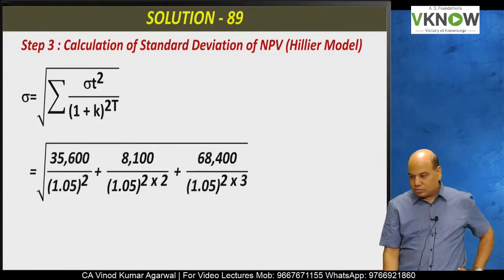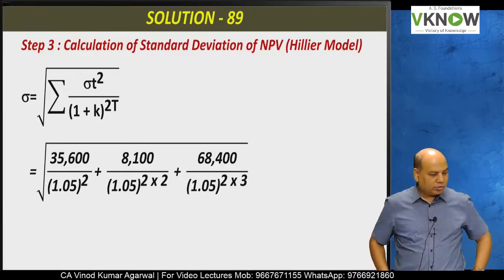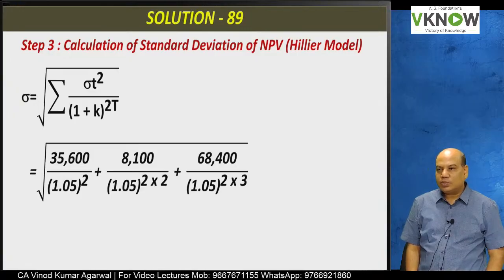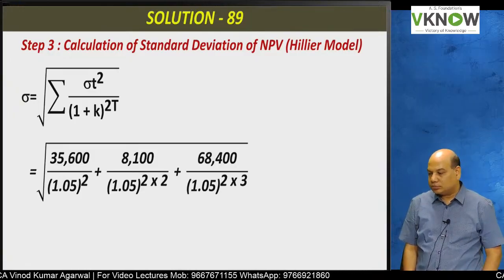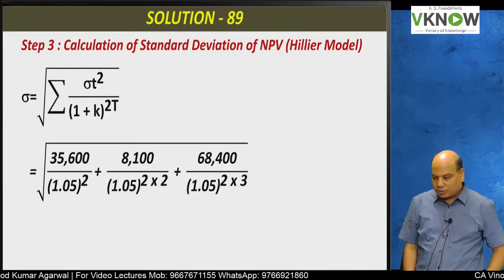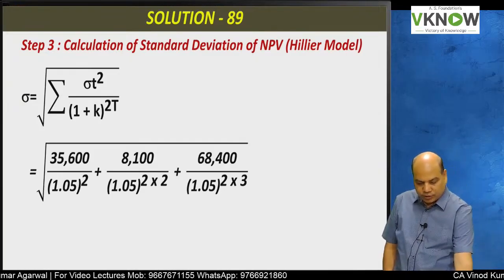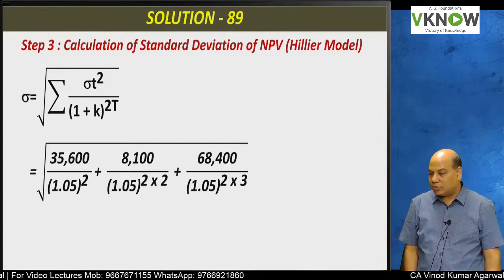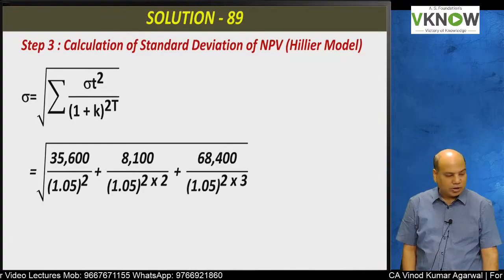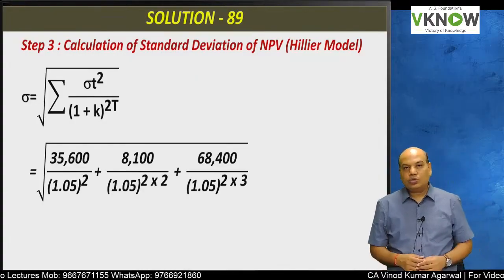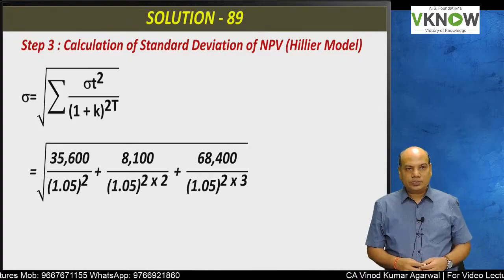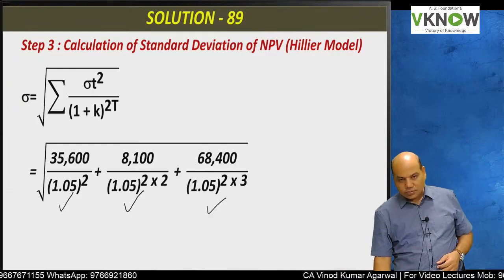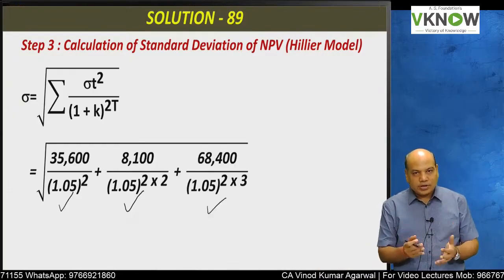So solve under root 35,600 upon 1.05 square plus 8,100 upon 1.05 to the power 2 into 2, plus 68,400 upon 1.05 to the power 2 into 3. You have to compute each of them first. Take total, take square root.